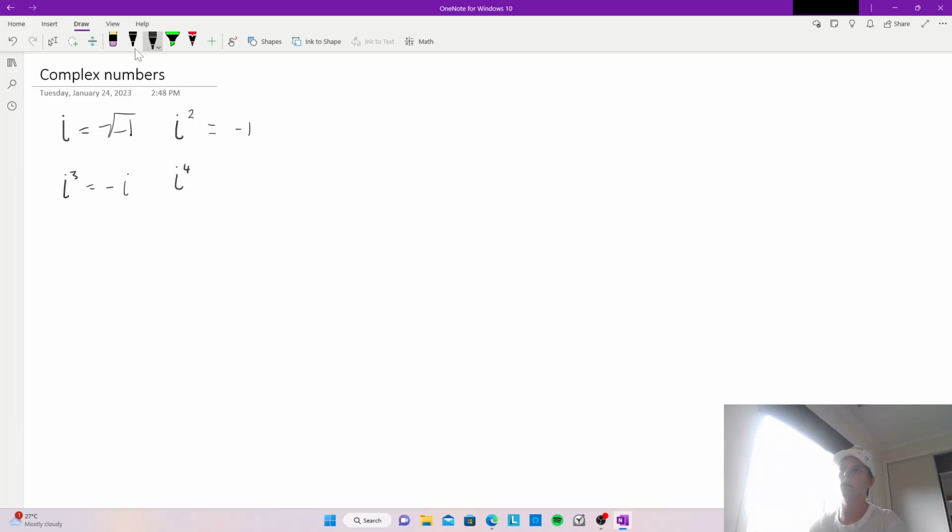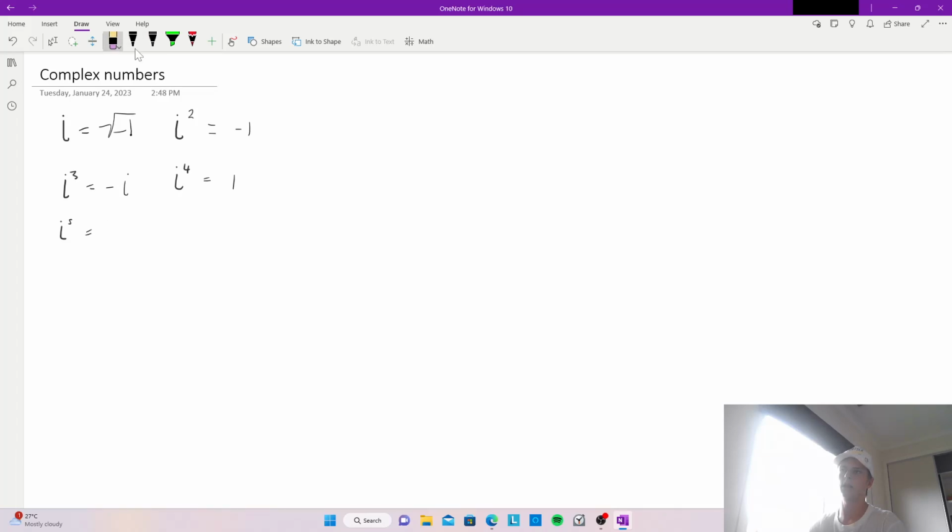i to the power of 4 is equal to 1, because you got your i squared, -1 times -1, which will give you 1. So i to the power of 4 is 1. Now you can obviously keep on going past that, so you can get i to the power of 5, which is actually just equal to i, because it'll be 1 times i.